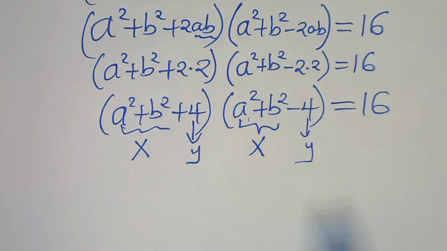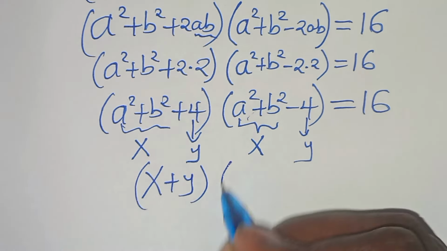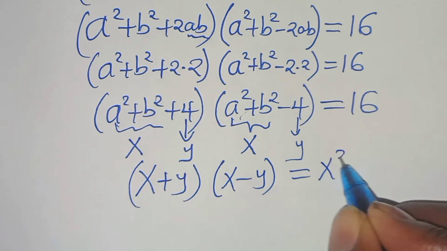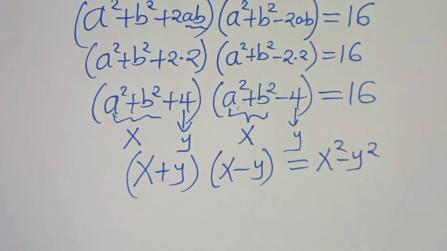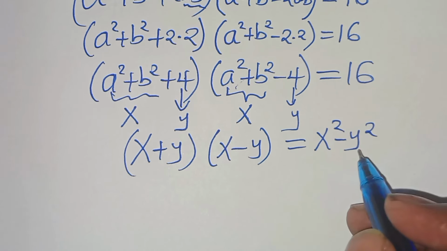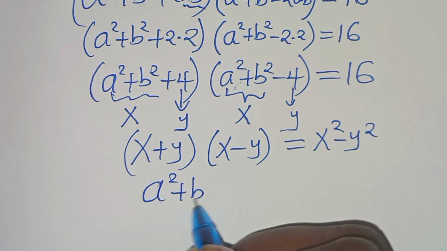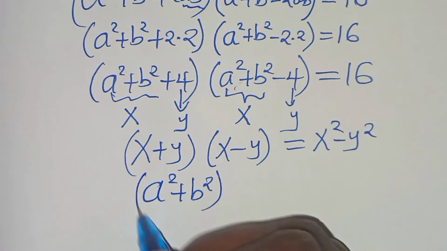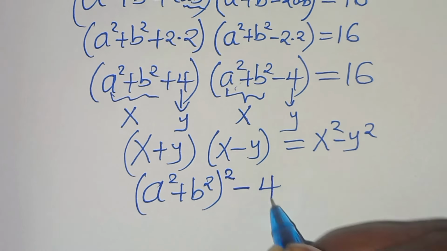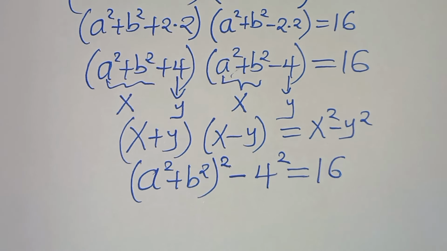So we can express this as x plus y multiplied by x minus y, which we can express as x squared minus y squared, which is the difference of two perfect squares. Now this can be expressed as a squared plus b squared raised to the power of 2, then subtract 4 squared. This is equal to 16.